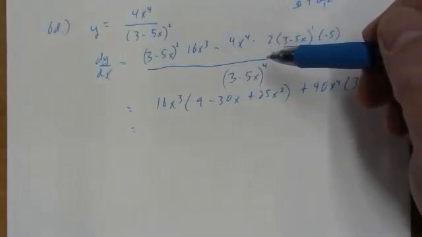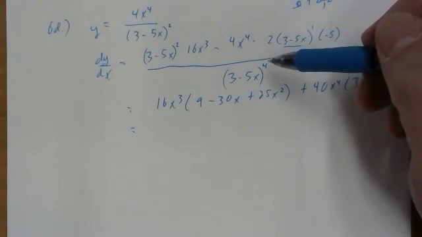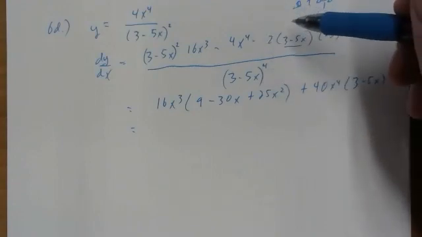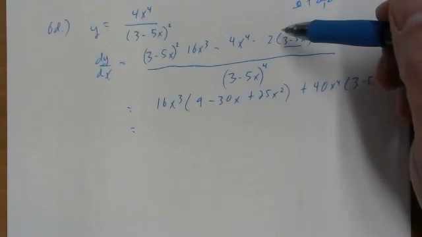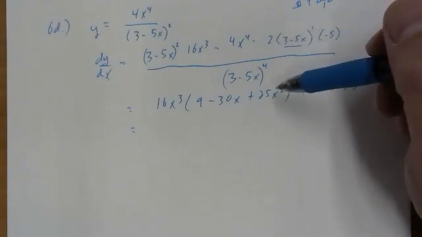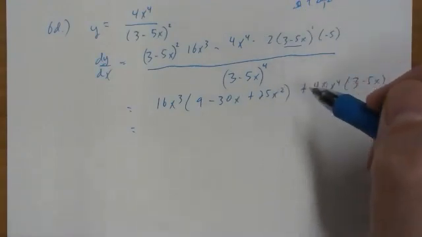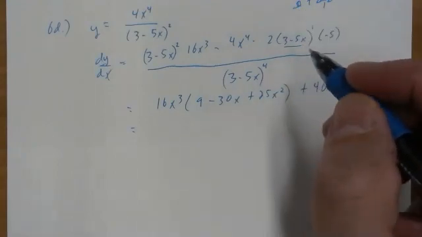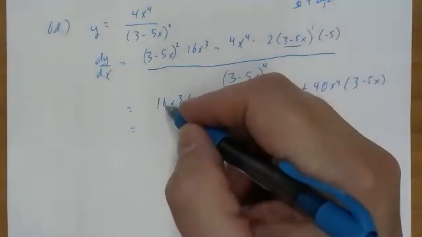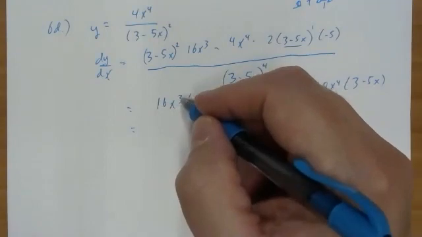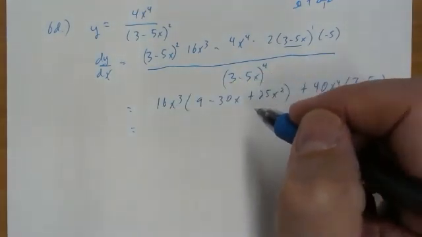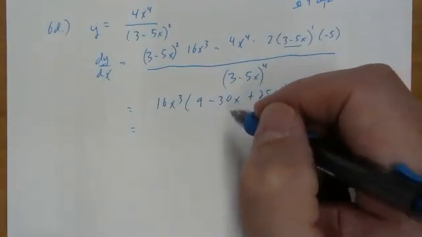Although I'm looking at this. Well, let's keep going. 16x cubed times 9. It's 90 and 54.